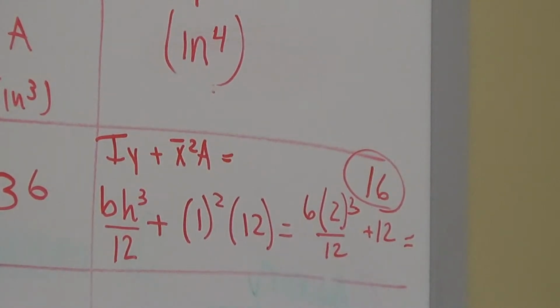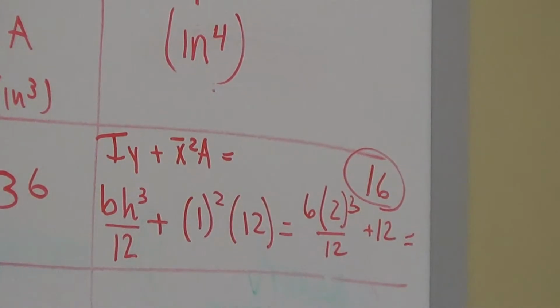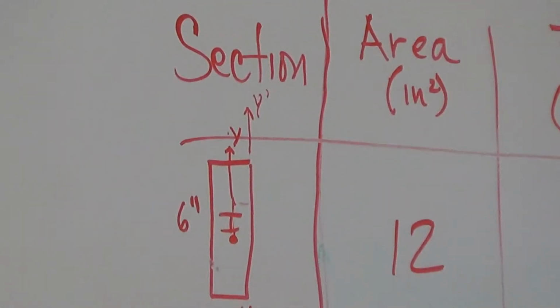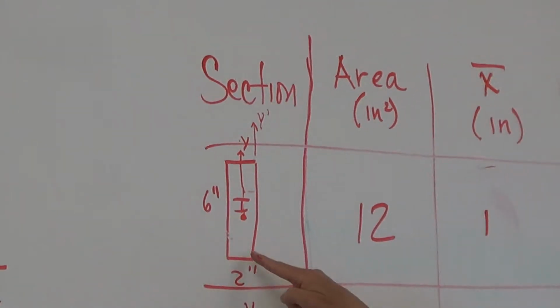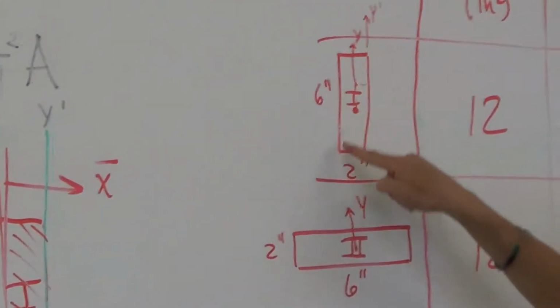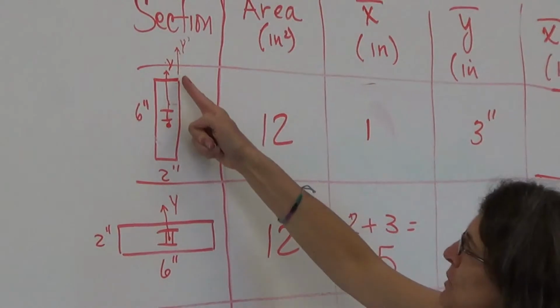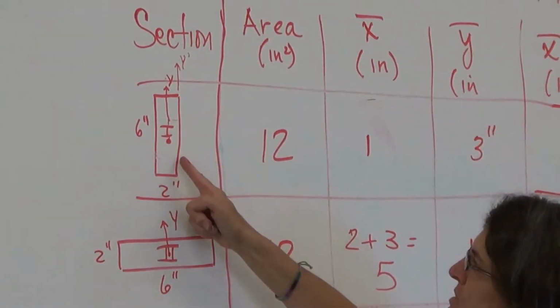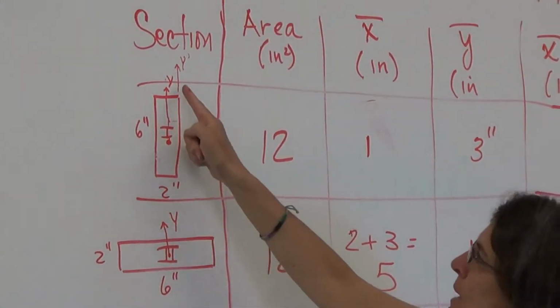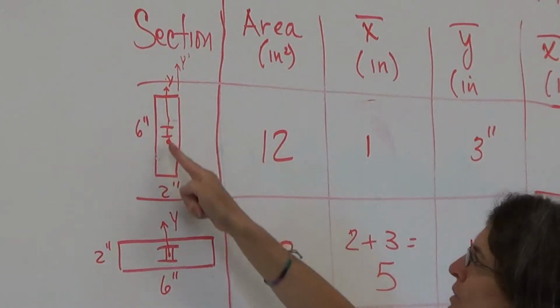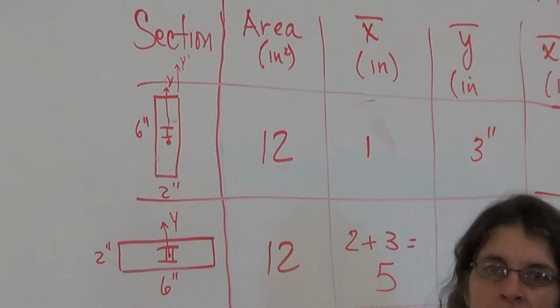Let's make sure we get it. So, for section 1, it's a composite body. This thing's made up of 2 parts. Everybody look over here. For part number 1, for section 1, they want us to find the moment of inertia about this axis. Will the moment of inertia about the y prime axis be greater than the moment of inertia about the y-axis?